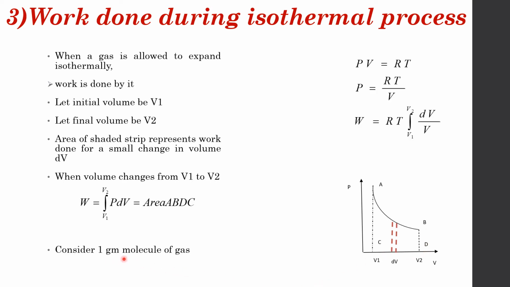Consider 1 gram molecule of gas. We can write down the ideal gas equation, PV is equal to RT. From this we get P is equal to RT by V, that you can substitute in this equation. RT is a constant, so it is taken outside the integral. So inside the integral we have dV by V, and we have to integrate this.